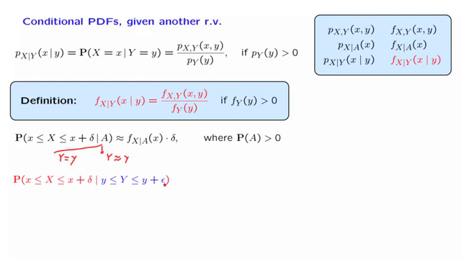What is the probability of both events happening? This is a probability of a small rectangle in XY space. At that rectangle, the joint PDF has a certain value, and because we're integrating over that rectangle and that rectangle has dimensions delta and epsilon, that probability of that small rectangle is approximately equal to this.